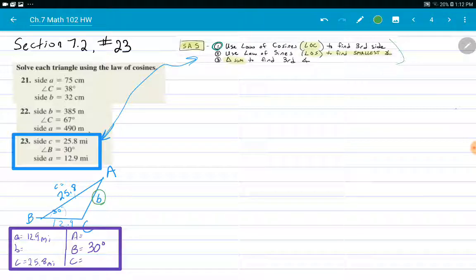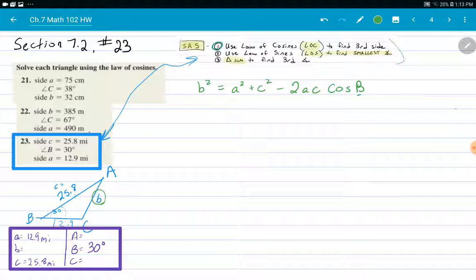Since I'm looking for B, I'll use the equation for the law of cosines that starts with B. So that's B squared equals the sum of the other 2 sides squared, kind of like the Pythagorean theorem, minus 2 times those 2 sides, and then cosine of the angle that's across from the side I'm looking for.